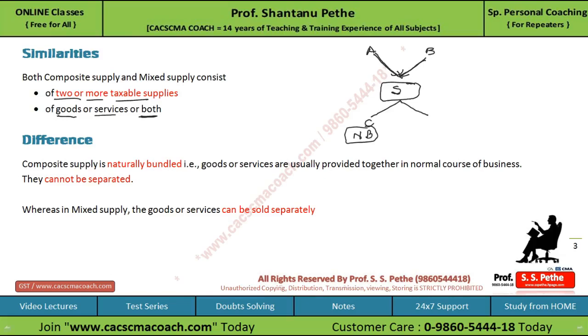Now the main difference between composite and mixed supply is that in case of a composite supply, the supplies are naturally bundled. This is the keyword: naturally bundled supply is treated as composite supply. Naturally bundled supply means these are usually provided together in the normal course of business and cannot be separated. For example, you are providing goods. The goods are being supplied and packed, so packaging is an integral part.